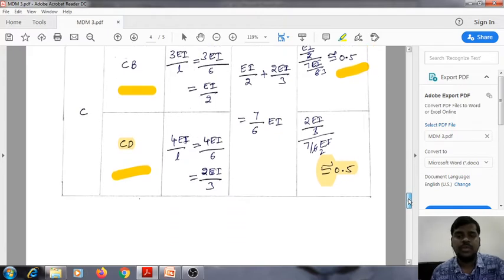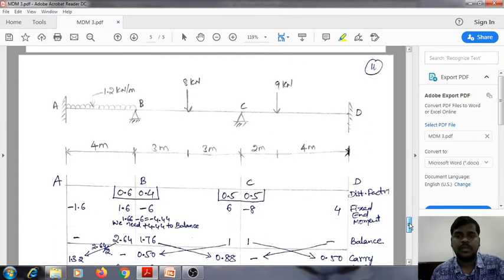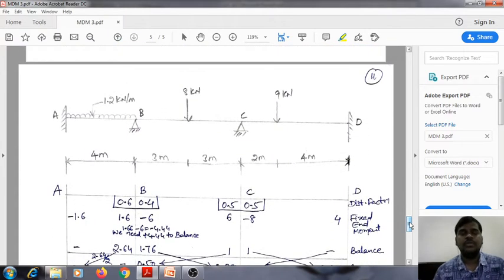Next, coming to the important step again, we have to draw the whole beam like this. Drawing to scale is important so that we will get the correct bending moments. I have taken the scale as 1 meter equal to 1 centimeter.